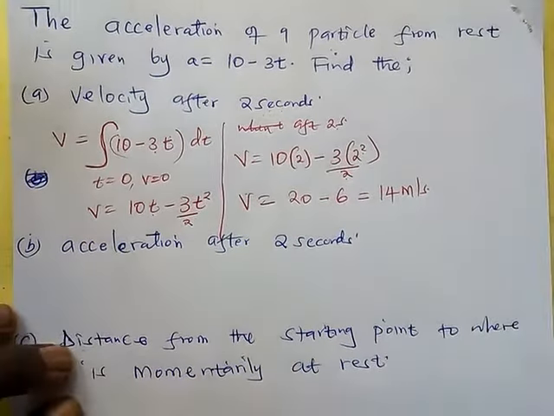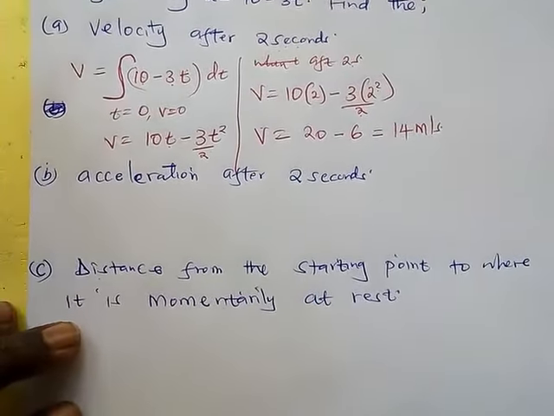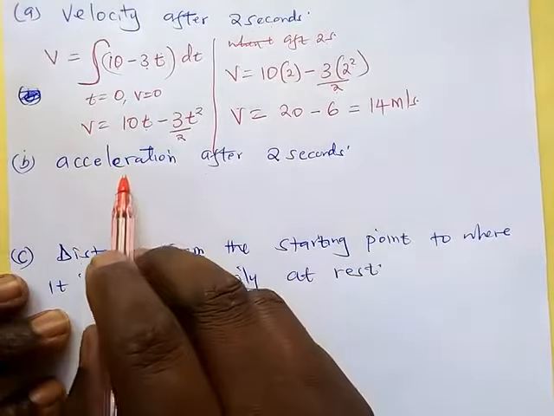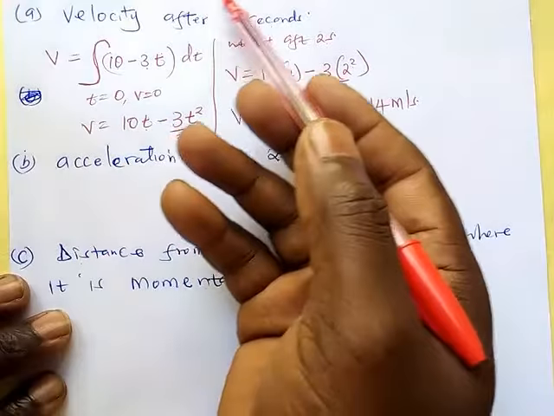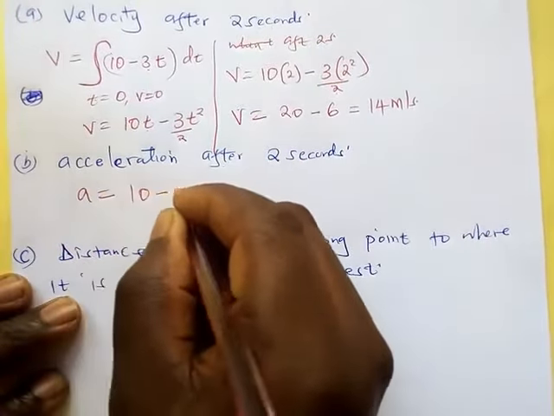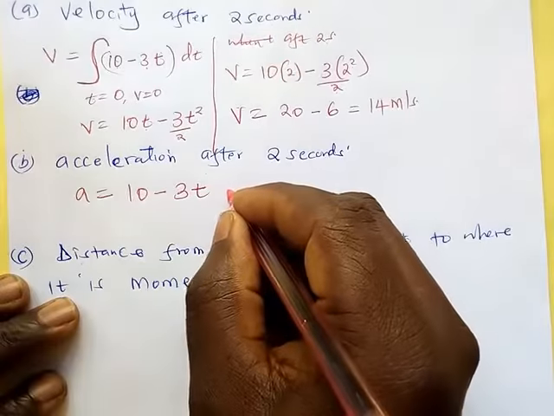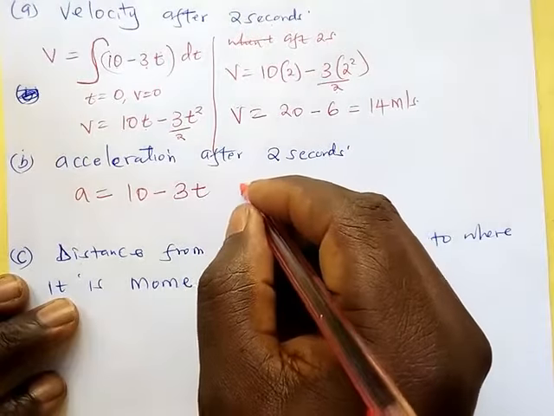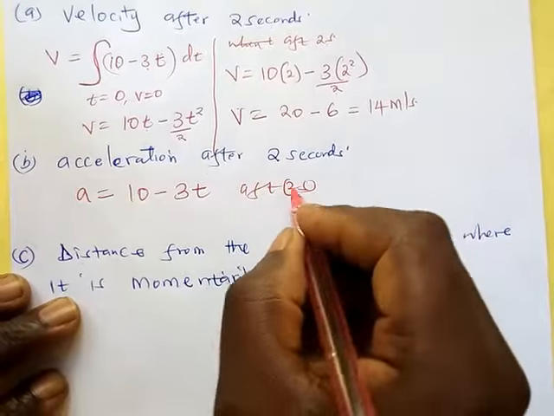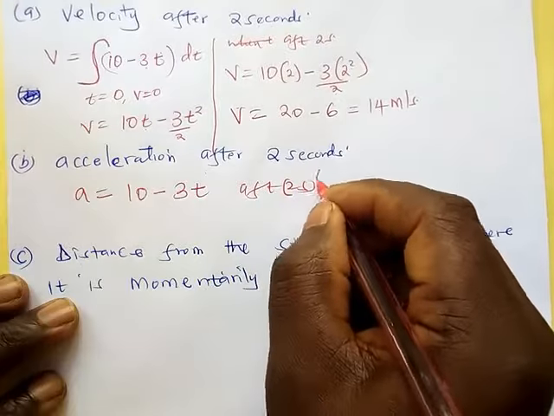Acceleration. Find acceleration after 2 seconds. We already have acceleration. We know that acceleration is equal to 10 minus 3t. So after 2 seconds, we just substitute, because this is time. 2 seconds is t.